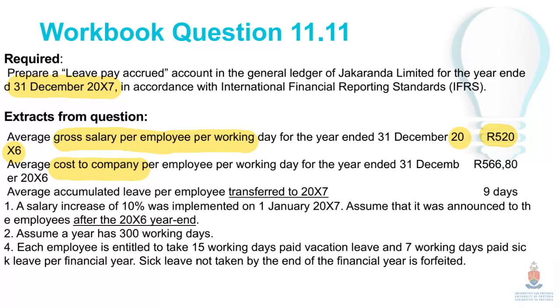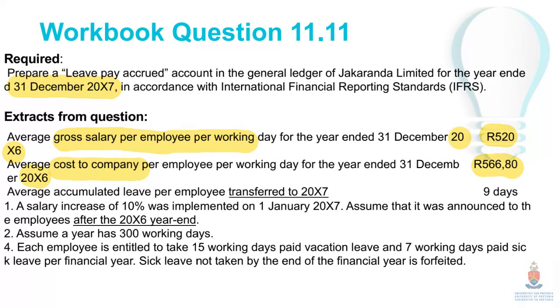And then it says, so again, it's at the end of 2016, which is the beginning of our current year. And the amount given to us is there. Now, it says an average accumulated leave per employee transferred into 2017. So when it's telling us that it's transferred into, it's telling us about what? The beginning or the end of that year?